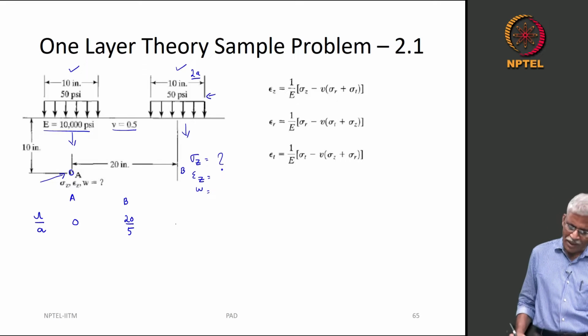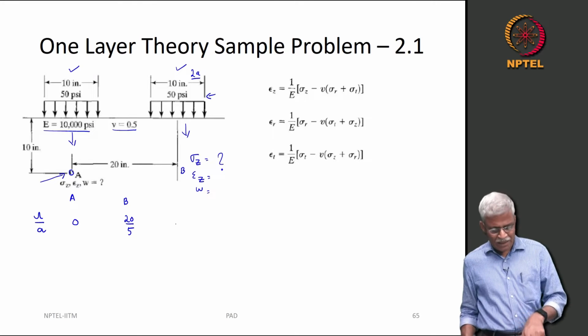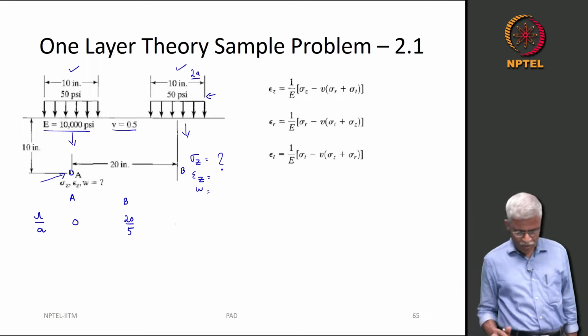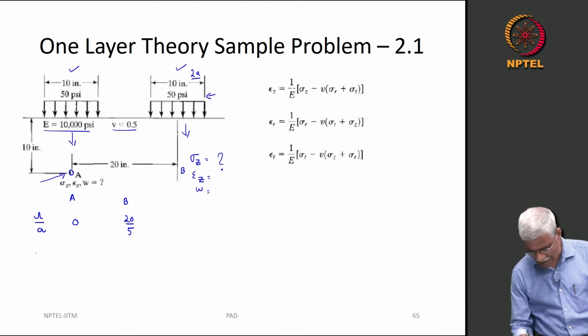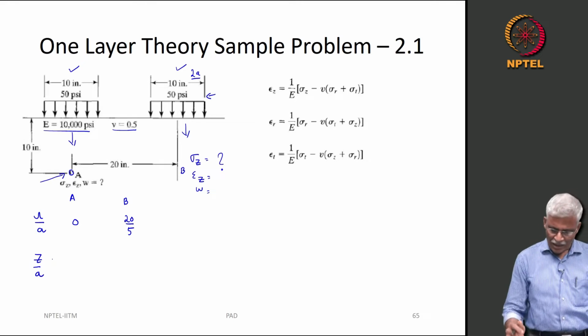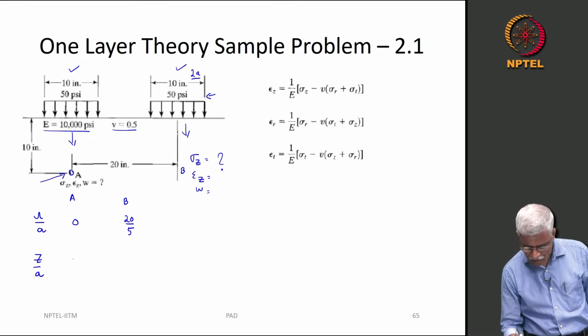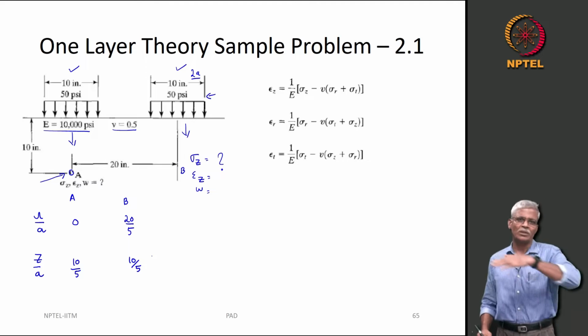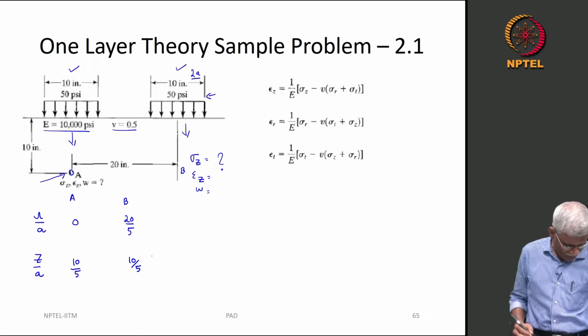This is the coordinate I am writing. So, 2a is 10, a is 5, so this is going to be 20 by 5. z by a here is 10 by 5, and this is also going to be 10 by 5, because the z position is basically the same.